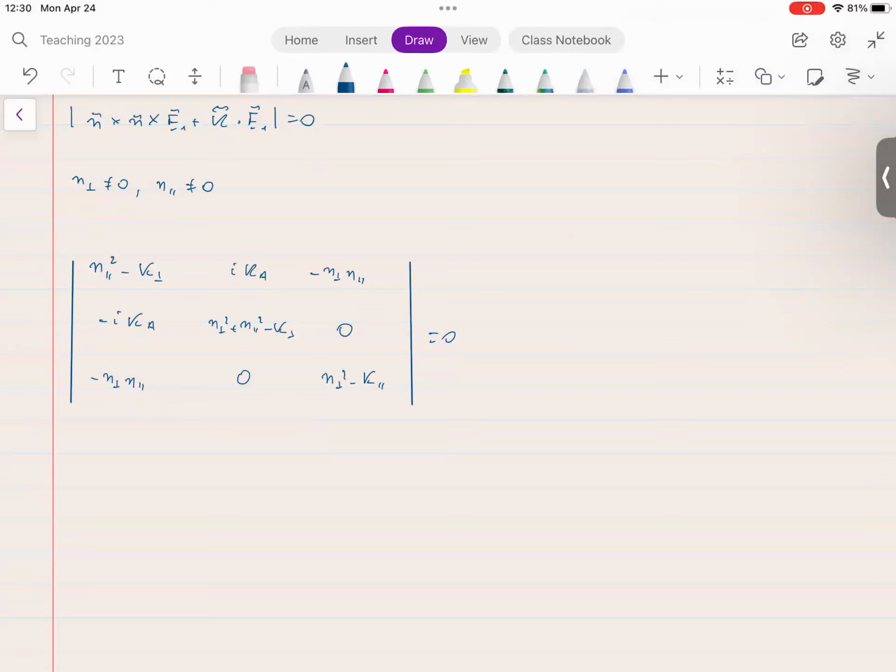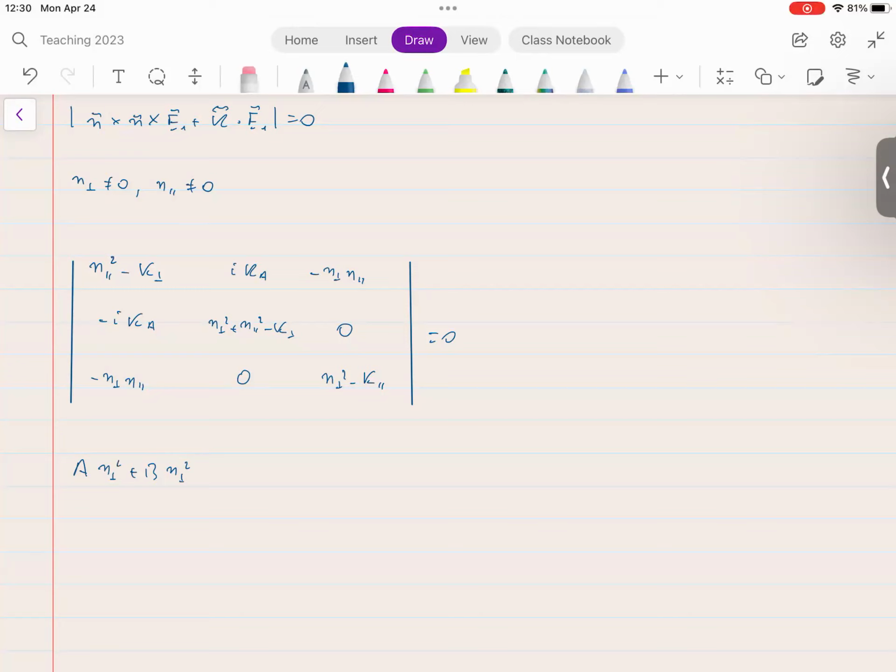Okay, and you can work this out, but this is going to give me the following equation, right? It's a quadratic equation in n perp square.